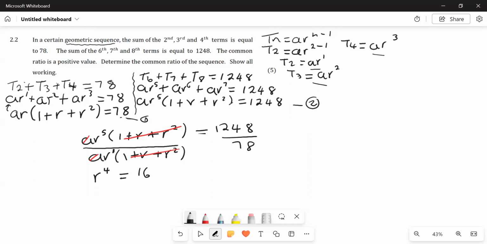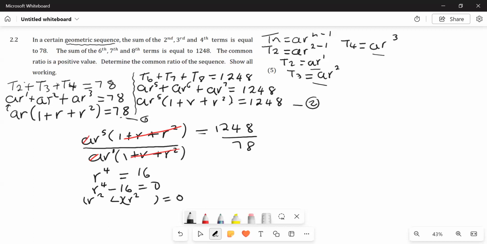And then from here, because I want to get all my solutions, I'll transpose 16 to the left hand side and factorize using difference of two squares, so that I don't complicate life for myself. Because sometimes when you take the square root of both sides, people tend to lose solutions by not writing plus or minus.